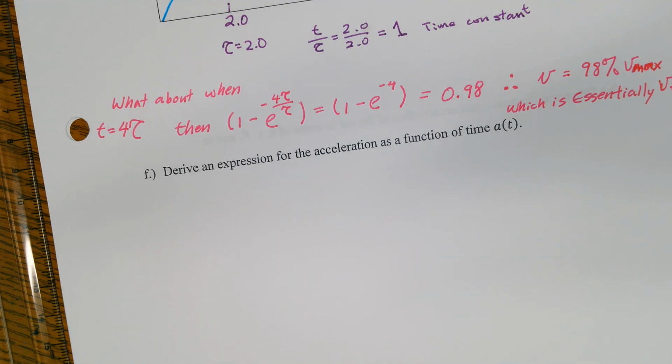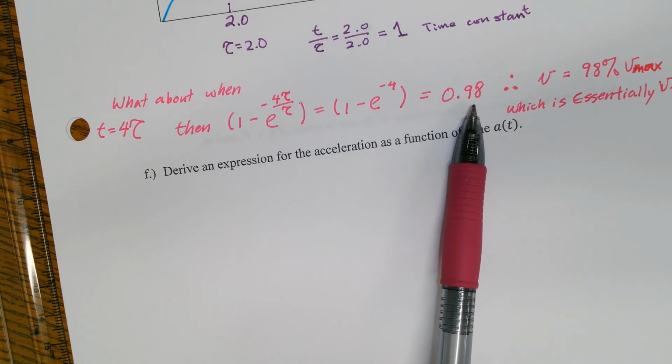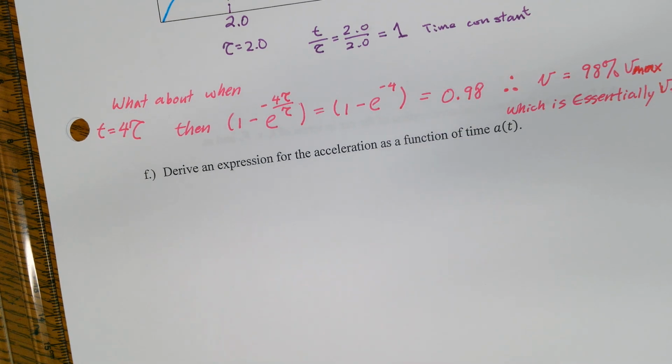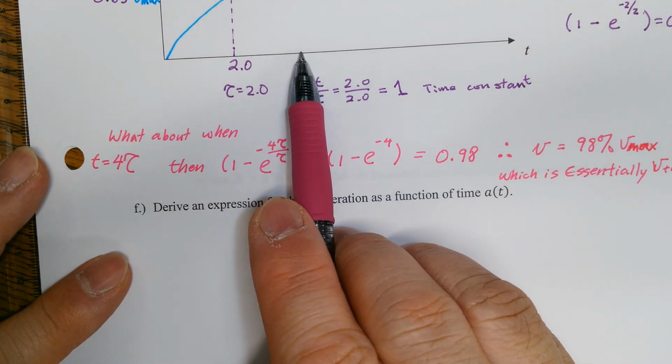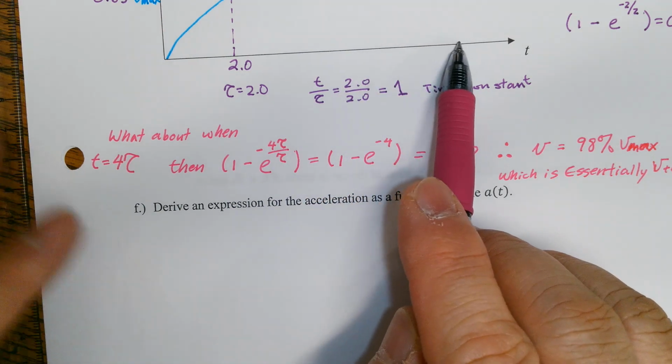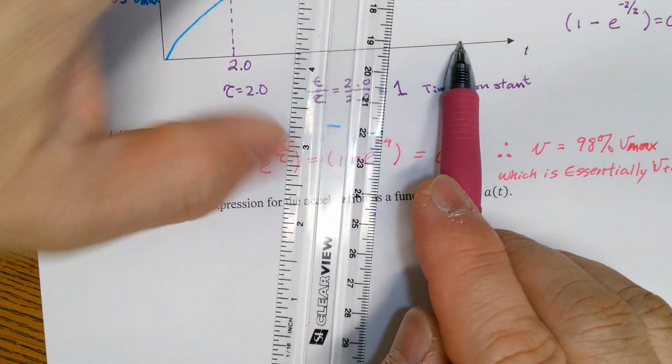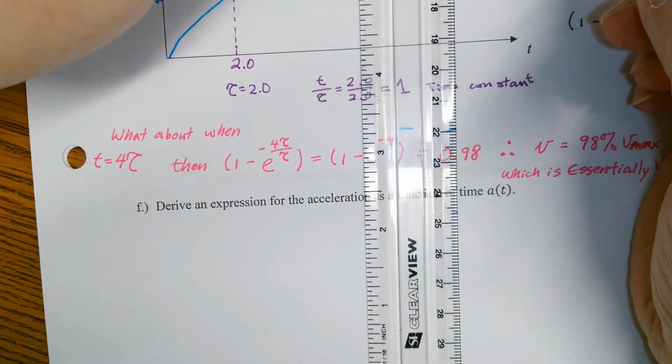So if you go 10 seconds, let's say, then it'd be like 5 tau, and you're going to get even closer to 1, etc. So, like right here, it's going to be somewhere around here.